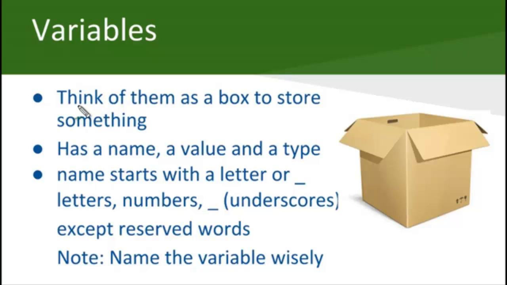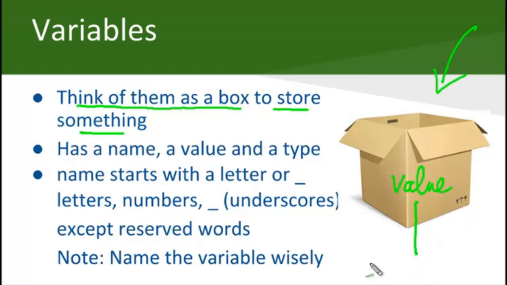Think of variables as a box. So you have this box and it basically stores something, and you can put a value in it. Now later on you can change this value, because as the name goes, variable, the values which are stored can be changed, and those values are basically variable.